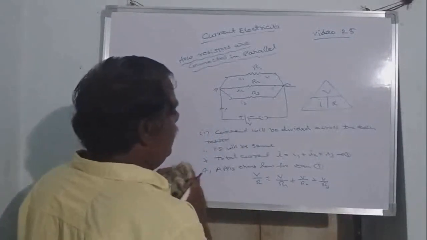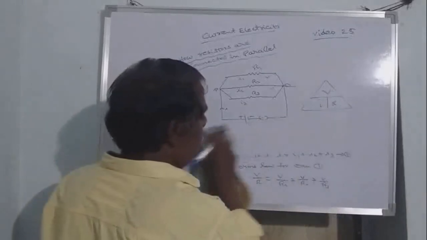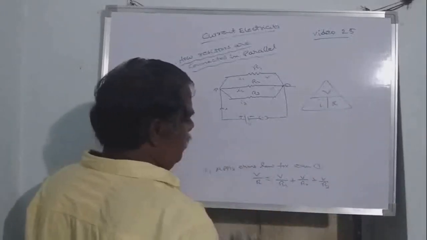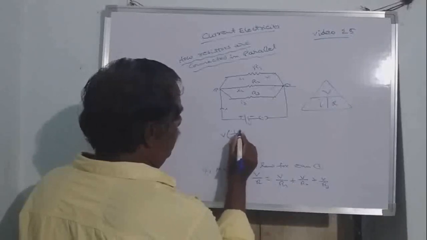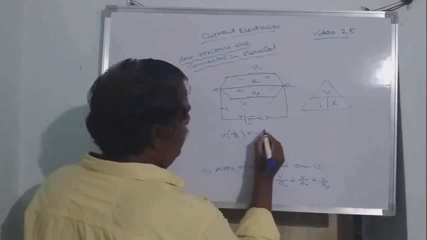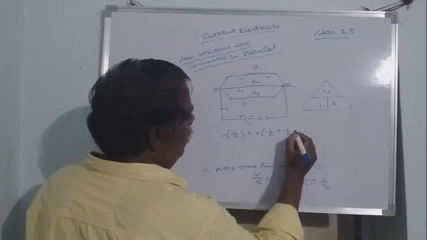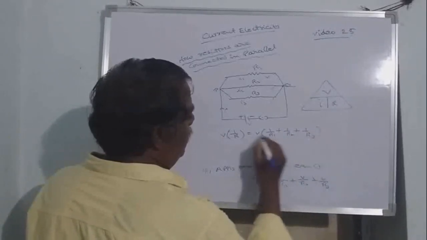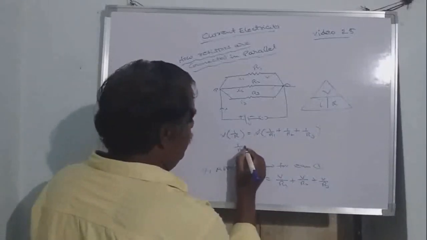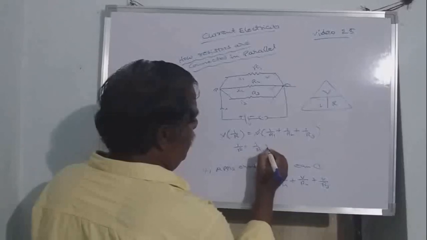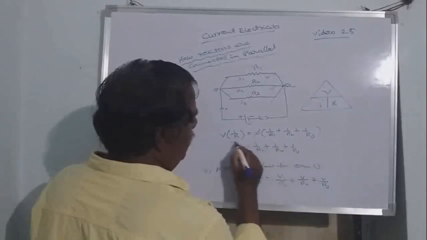Okay. Then take out V as common. 1 by R is equal to V into 1 by R1 plus 1 by R2 plus 1 by R3. V cancels. Then we get 1 by R is equal to 1 by R1 plus 1 by R2 plus 1 by R3.